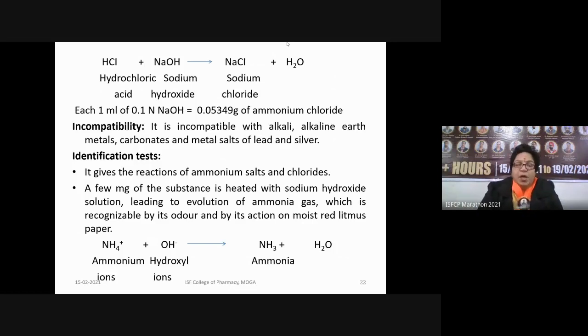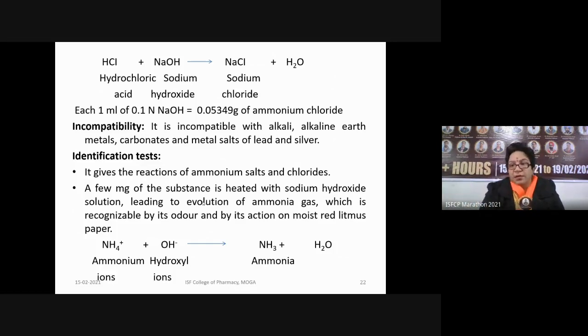So, a few milligram of the substance is heated with sodium hydroxide. Sodium hydroxide means hydroxyl ion or hydroxide ion, leading to evolution of ammonia gas. Ammonia is available in the form of liquid as well as the gaseous form. So it will evolve as ammonia gas, which is recognizable by its odor. बहुत typical odor होती है अमोनिया की, मतलब अगर उसकी बॉटल खुल जाए, अगर लिक्विड अमोनिया की भी, you cannot even stand there.